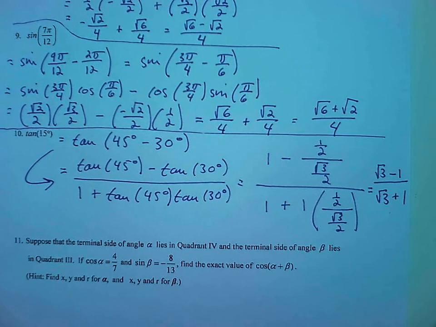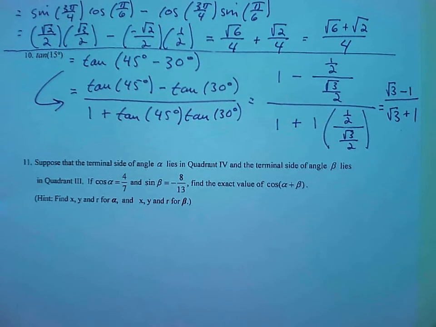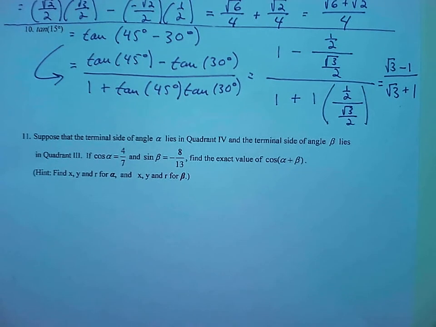Alright, let's take a look at number 11. Suppose that the terminal side of angle alpha lies in quadrant 4 and the terminal side of angle beta lies in quadrant 3.